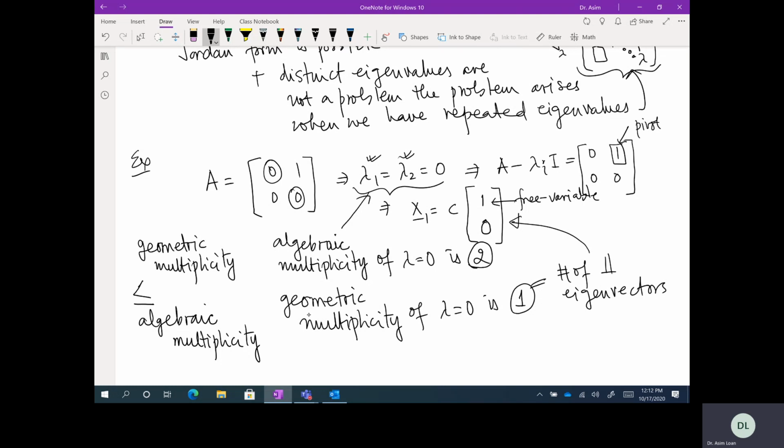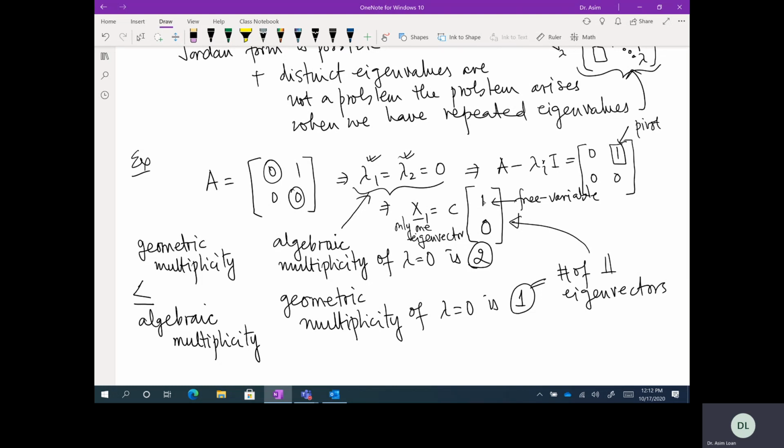So it's the geometric multiplicity that defines whether a diagonal form is possible or not. The geometric multiplicity is the number of independent eigenvectors, and the geometric multiplicity here is 1. Why? Because there is only one eigenvector. There is none other.